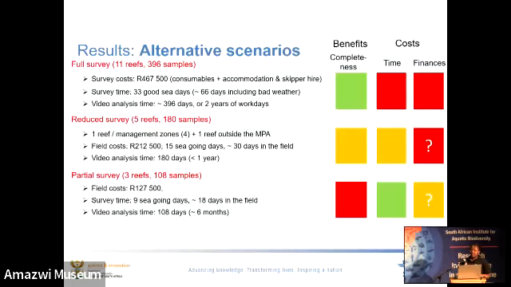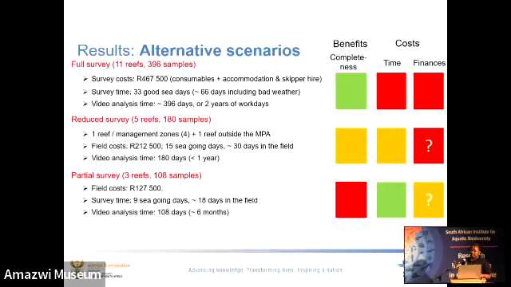Our alternative scenarios: if we consider doing a full survey of the entire reefs, in terms of representation and completeness, it would be a true representation of fish assemblages occurring in the area. However, this is unfeasible for both time and finances.